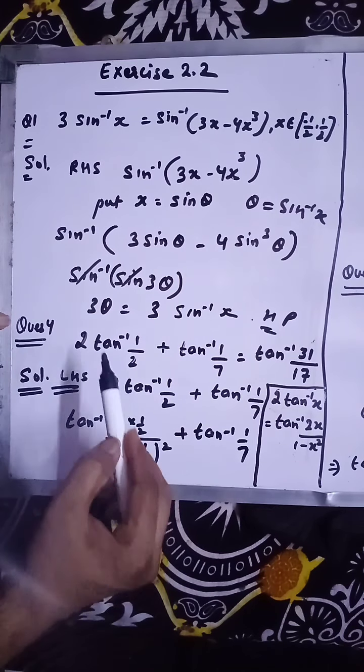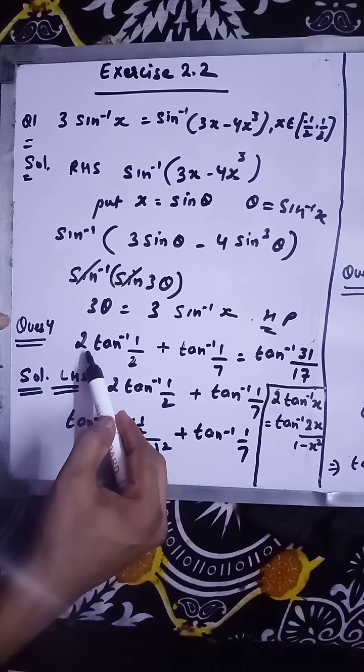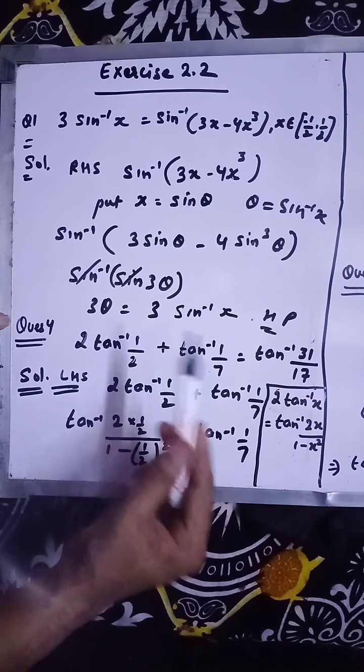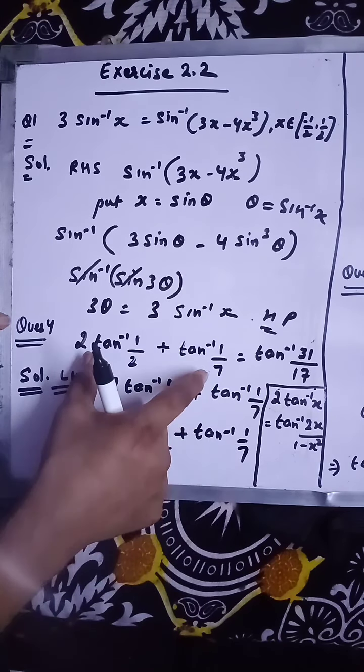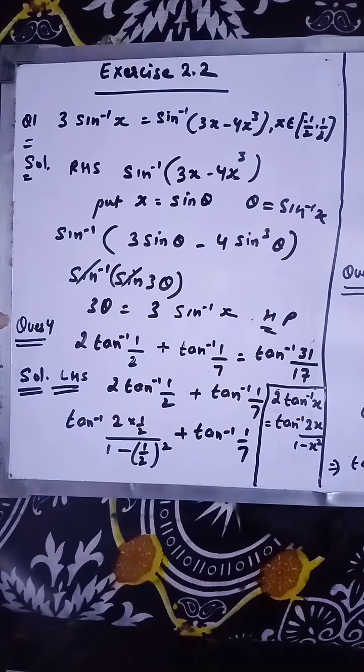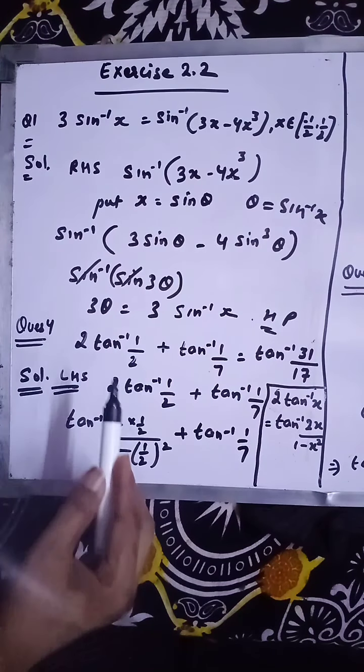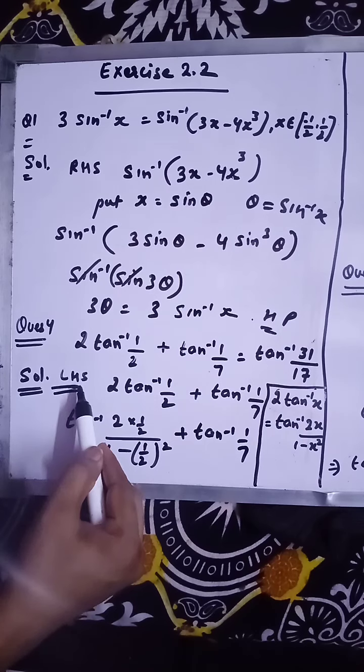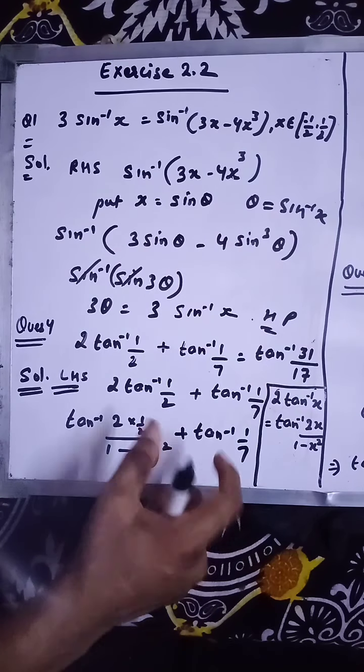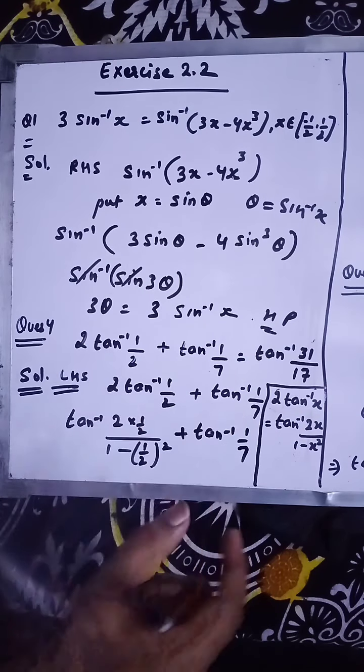This is given to us and we have to use this and prove this one. So I'm taking the left hand side first of all. In the left hand side you have to copy the question like this.